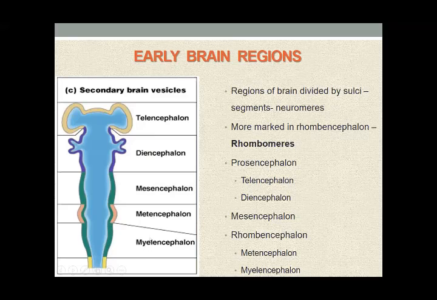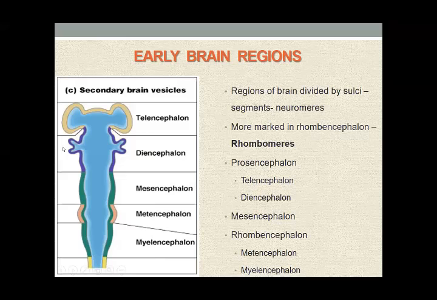Now wherever this word myel, M-Y-E-L, comes, it means it is something to do with the spinal cord. Myel is anything to do with the spinal cord and the caudal part of the hindbrain. Myelin sheath, myelogram, the test they do on the spinal cord, all these structures.